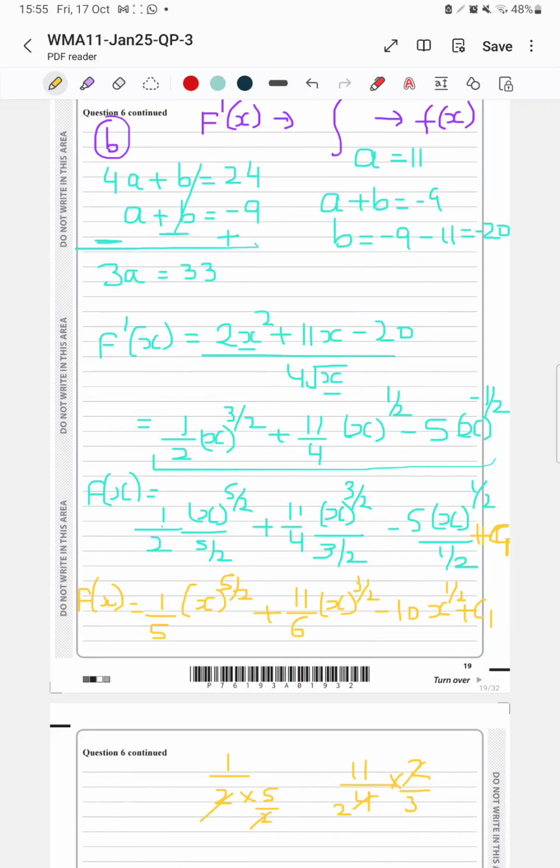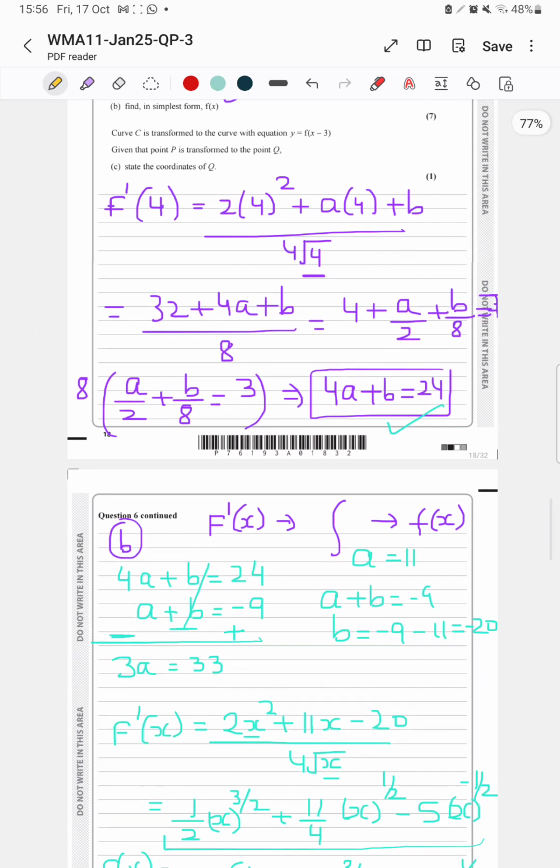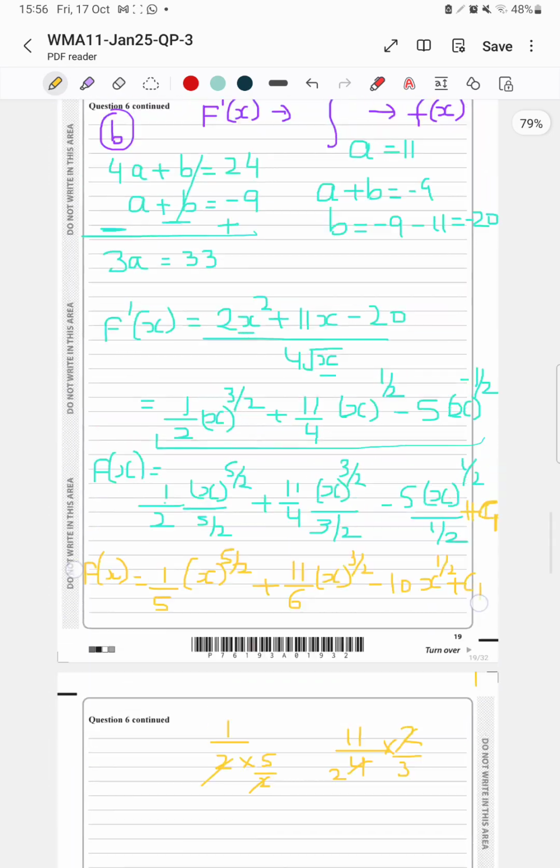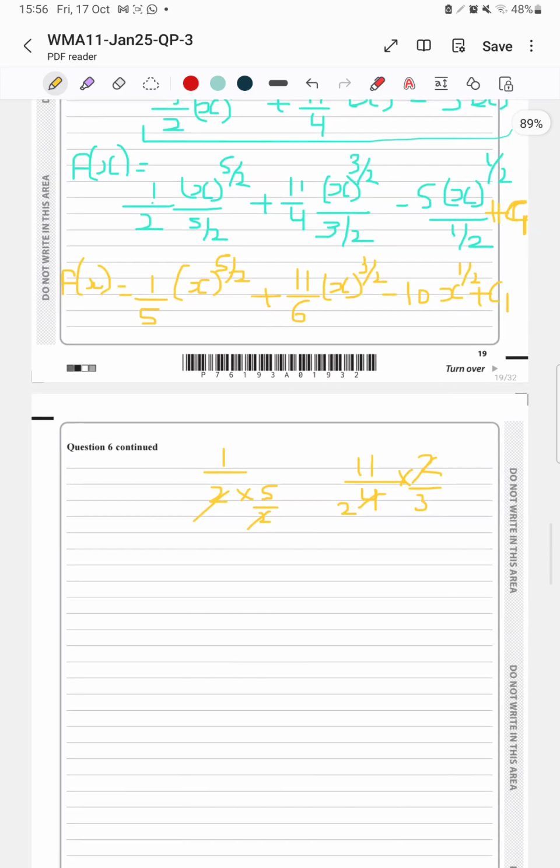Now we have to find out what is the value of this c1. So we know the point P, which is given as 4 comma -5, that is given in the question, and that is lying on this curve. It is given already here that there is a point P 4 comma -5. So that point will help us now.